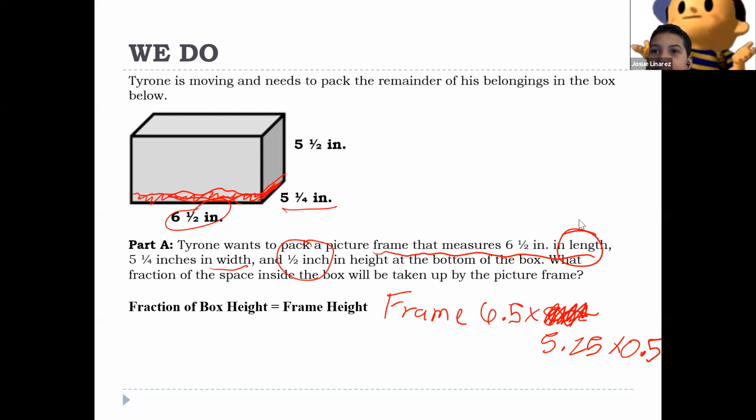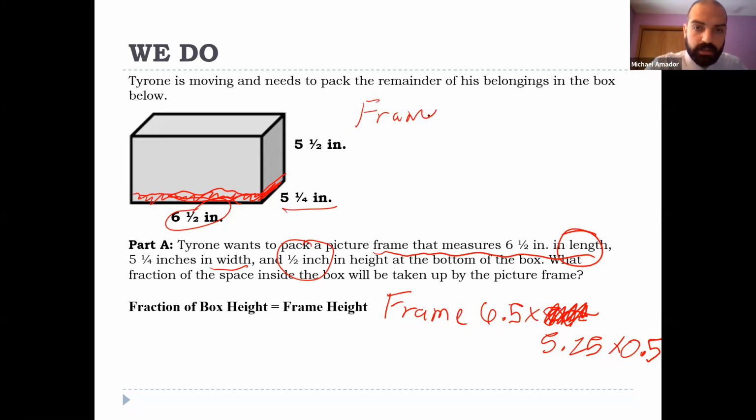Okay, so the frame is 17 and 1/16 cubic inches. Now, if we want to know what fraction of the volume of the box it is, don't we need to know the volume of the box? So go ahead and find the volume of the box.